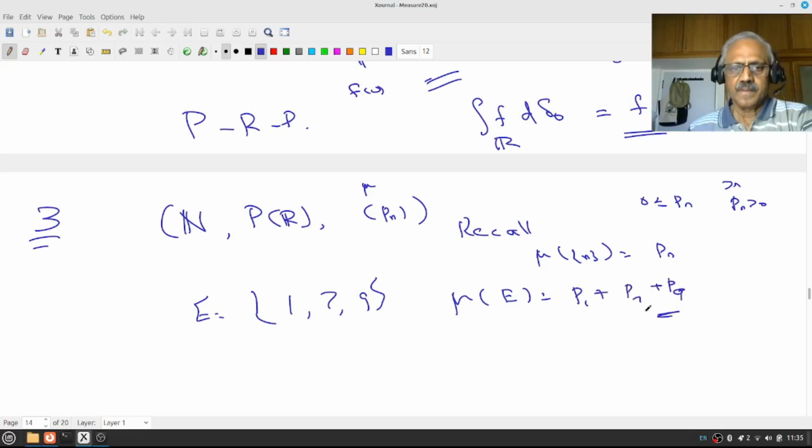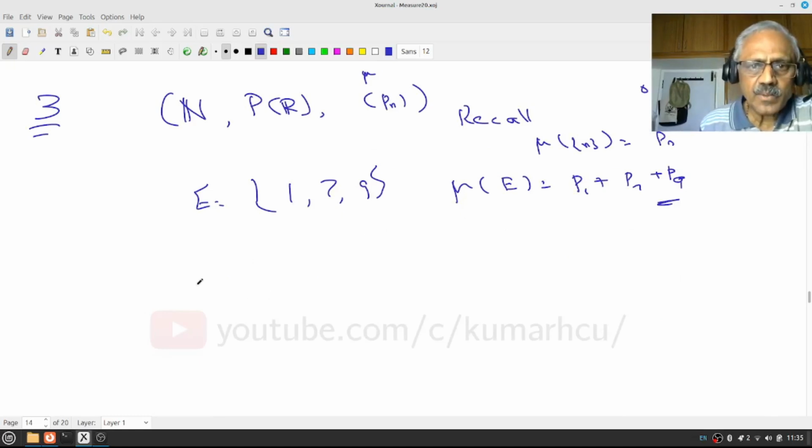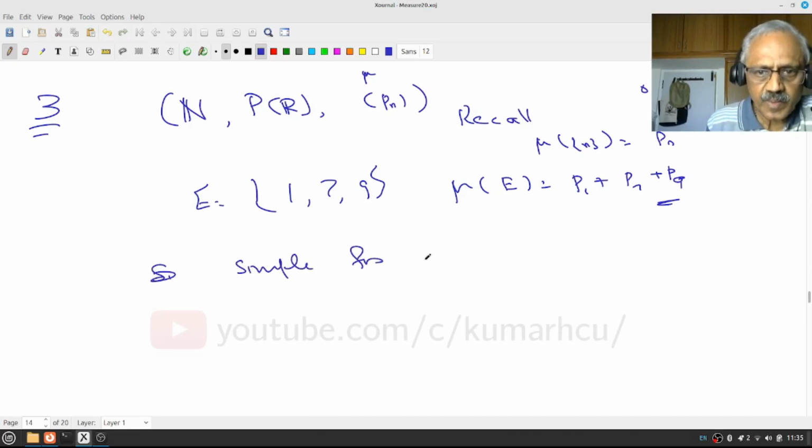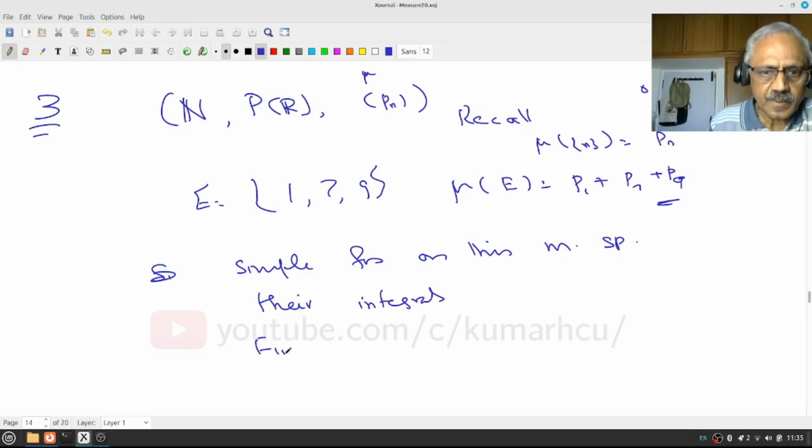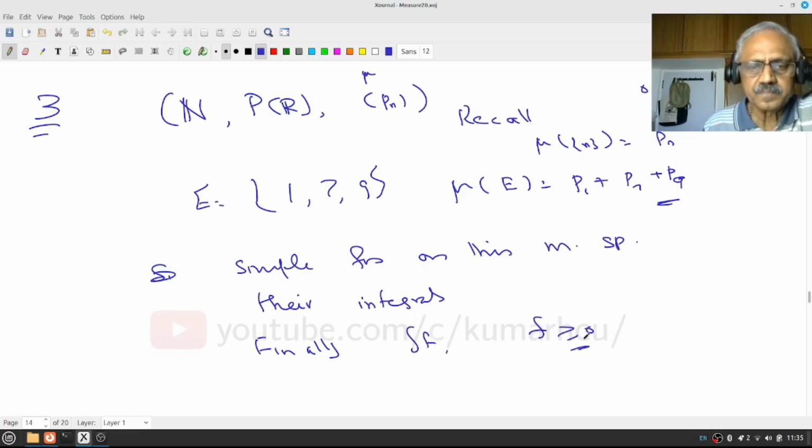Now what I want to do is find out the simple functions on this measure space, their integrals, and finally the integral of f, where f is a non-negative measurable function.